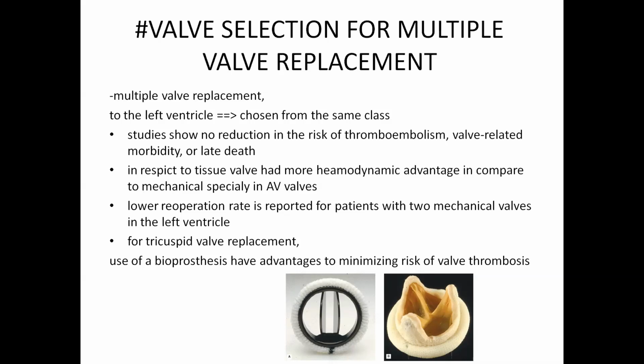Tissue valves have more hemodynamic advantage compared to mechanical in the atrioventricular valve position, and a lower reoperation rate is reported for patients with two mechanical valves. And for tricuspid valve replacement, using a bioprosthesis has an advantage in minimizing the risk of valve thrombosis, but a mechanical valve should be used in the case of carcinoid disease.